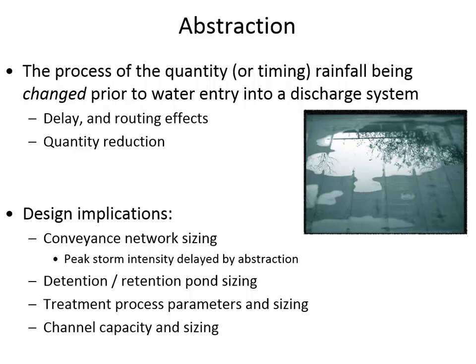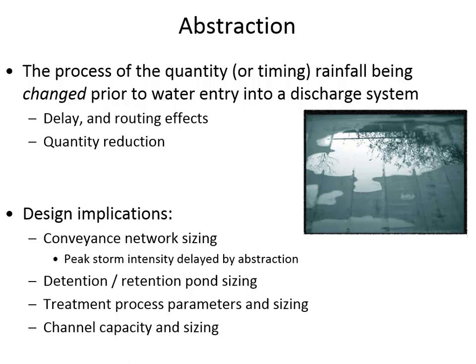And the reason why abstractions are important is because when we're sizing, for example, a combined sewer, the time of concentration and the amount of flow at any particular time is going to dictate the size of the pipe that's needed. And so if we don't account for these important things that slow down the flow, then we're going to be unnecessarily oversizing the collection network.